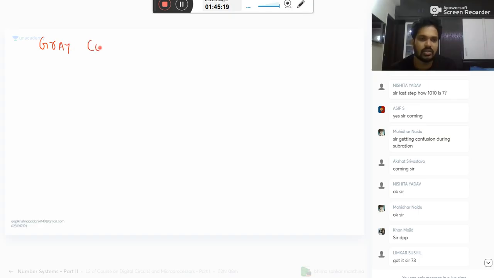The next one is the gray code. This is very important. It is a unit distance code.